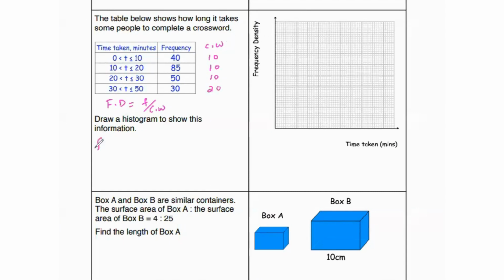So the frequency density for the first interval will be 40 over 10, which is 4. Let's make a column for frequency density. This is 4. Then the next frequency density will be 85 over 10, which is 8.5. Then next is 50 divided by 10, which is 5.